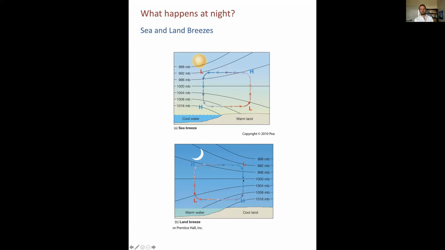Okay, so in this case we have a surface wind that looks like this from the land towards the ocean. So this is what we call a land breeze. Okay, so we have a sea breeze during the day and a land breeze during the night.